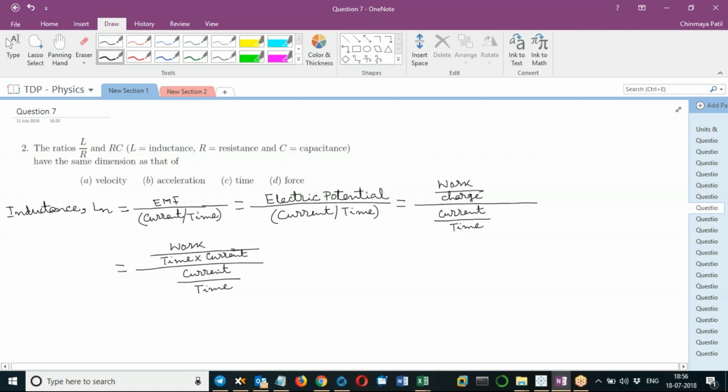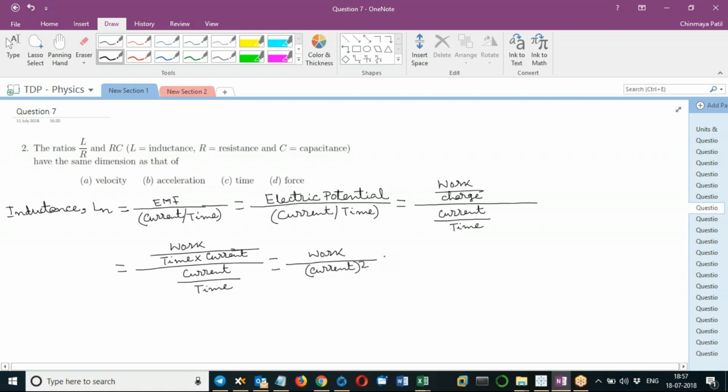If we simplify further, time and time get cancelled, and we get work by current square.